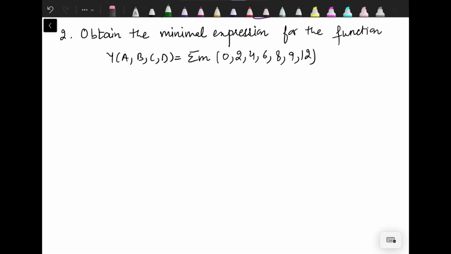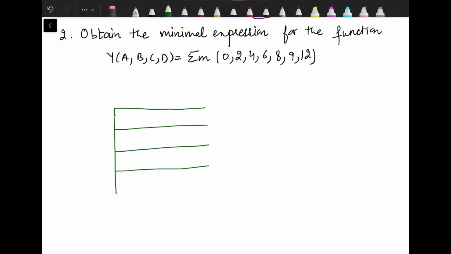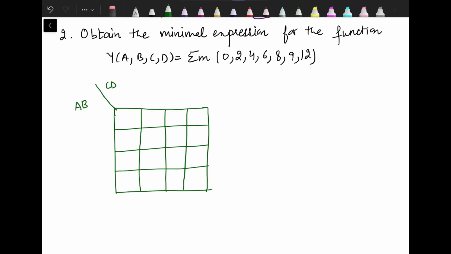Now let's make a four variable K-map first. So in a four variable K-map we have four rows and four columns. Again, on the row side we start from the MSB. So we have A and B on this side and C and D on this side: 00, 01, 11, 10, and 00, 01, 11, 10.